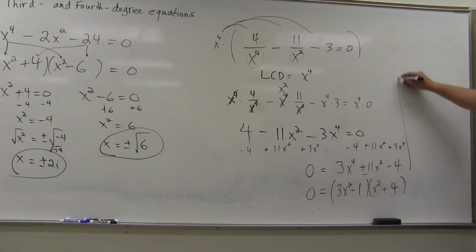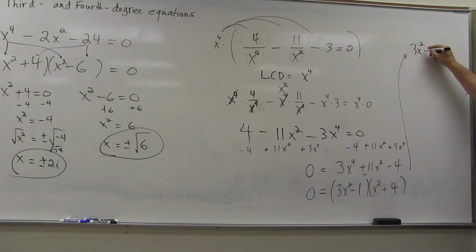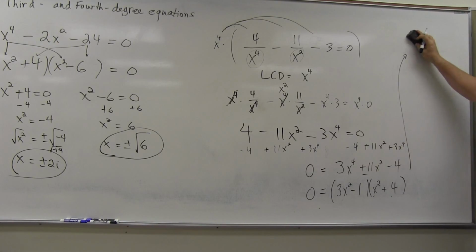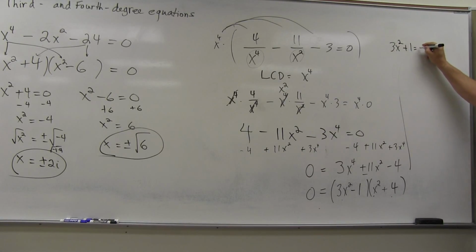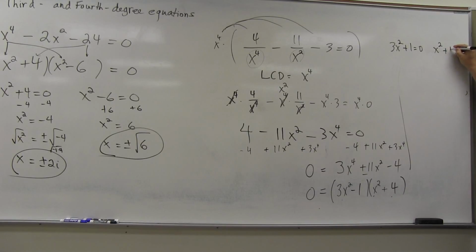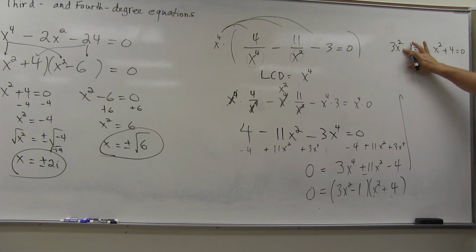All right, so then we've got 3x squared minus 1 equals 0, and x squared plus 4 equals 0. Those are just square root methods again.